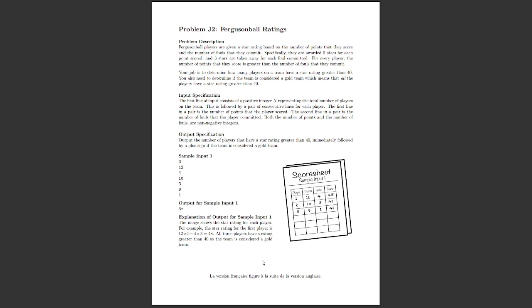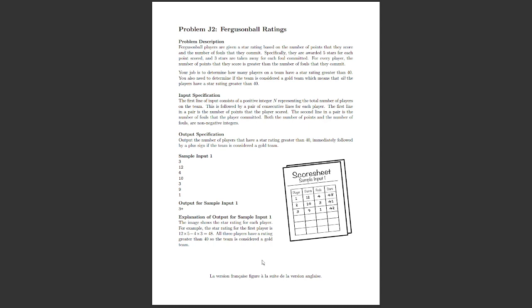So the star rating for the first player is going to be 12 multiplied by 5 minus 3 multiplied by 4, since the question said 5 stars are awarded for each point and 3 stars are taken away for each foul committed. So player 1's star rating is going to be 12 times 5 minus 3 times 4, which is 48.